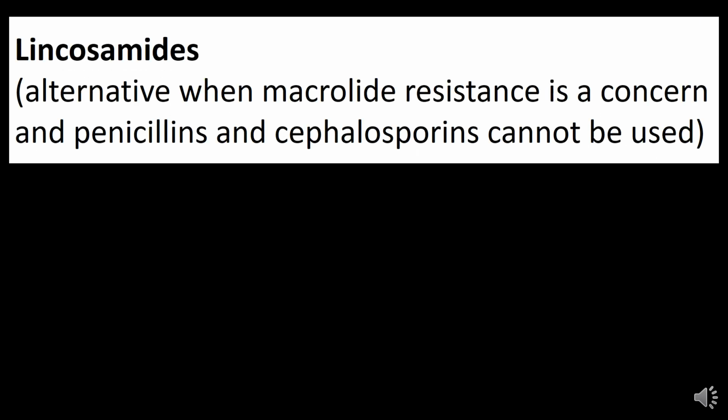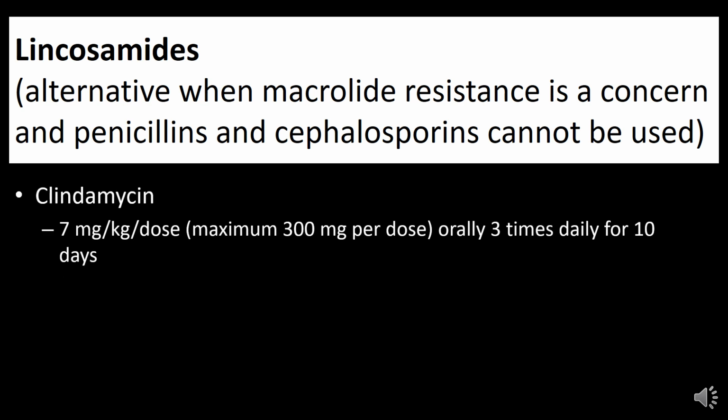Then we have the lincosamides. This is the alternative you have if you cannot use macrolides, maybe because of resistance or whatever other reason, and you can also not use penicillins or cephalosporins. Clindamycin is a choice, 7 milligrams per kg per dose. Do not exceed 300 milligrams per dose. It is given orally 3 times a day, and again, duration is 10 days.